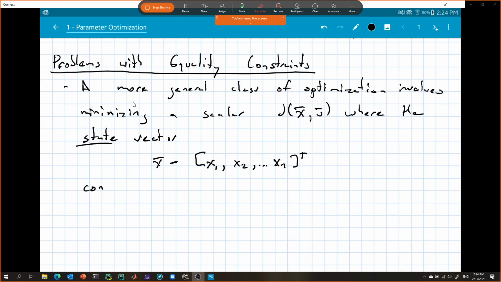So that state vector contains n parameters determined by n constraint functions.